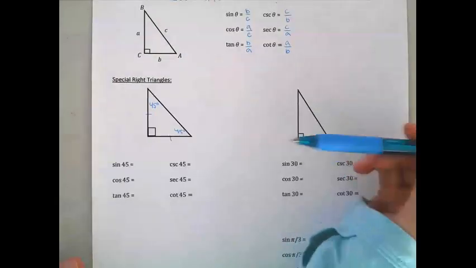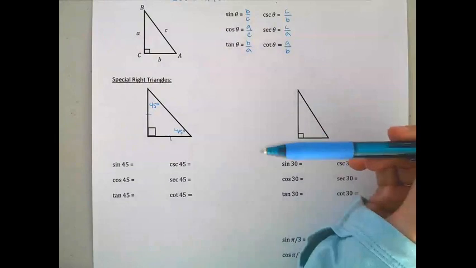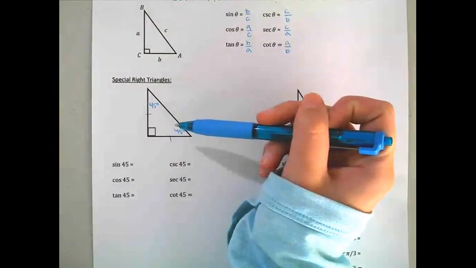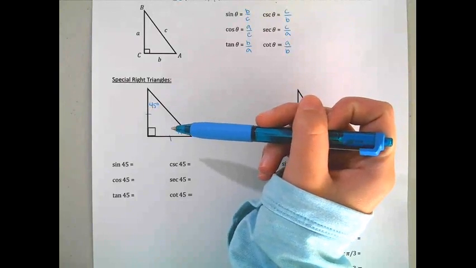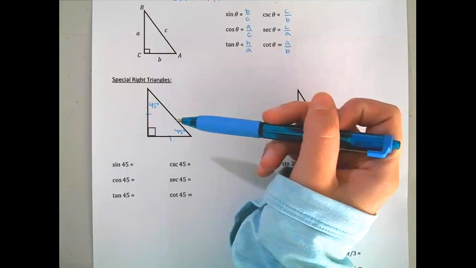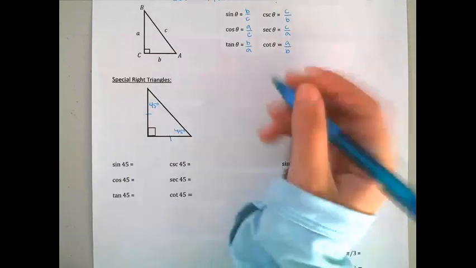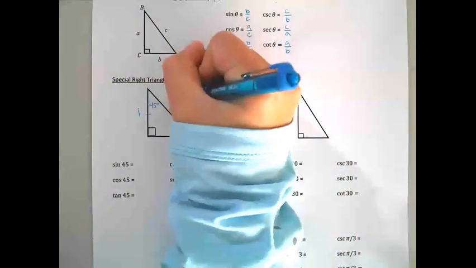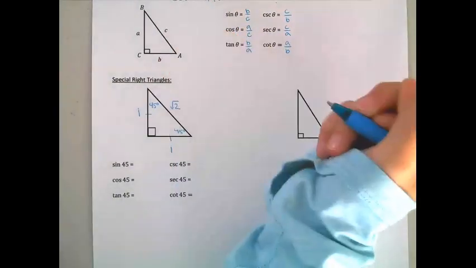Now, depending on who you talk to, they will set up this special right triangle differently. And it's not that they're necessarily extremely different. It's more that they just decide to rearrange the values in slightly different ways. Personally, I like to have these two side lengths be 1 and then the hypotenuse be root 2.